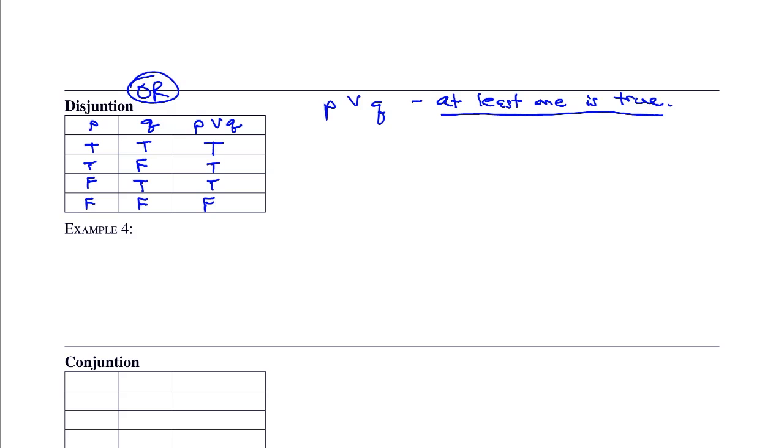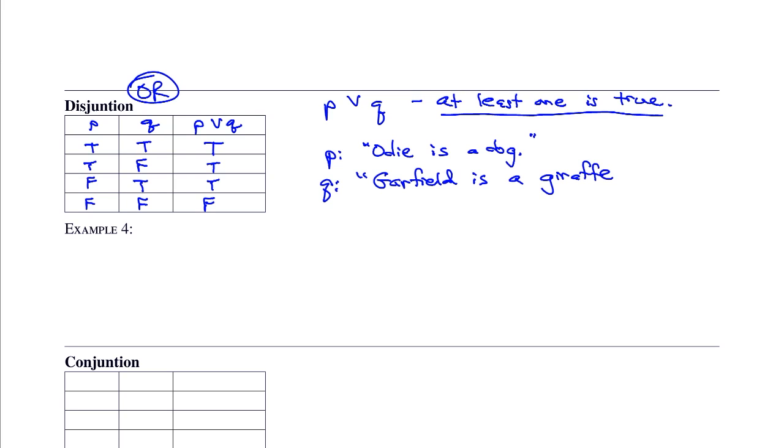Okay. So let's use P and Q from before. Starting off with P, that Odie is a dog. And Q, Garfield is a giraffe. Let's form the proposition P or Q in English. So what would this be?